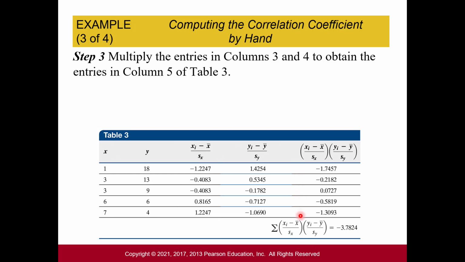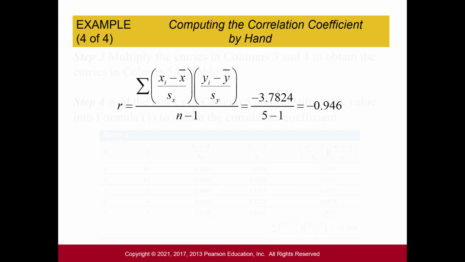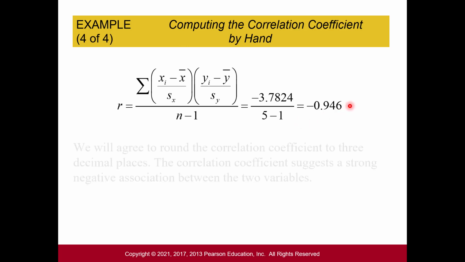And then when we add those up, if you remember our formula, we wanted the summation of this product. So when we add those up, we get negative 3.7824. And then last, we want to divide by n minus 1. So our sample had 5 observations. So we're going to divide this number by 4 to get our correlation coefficient value of negative 0.946.